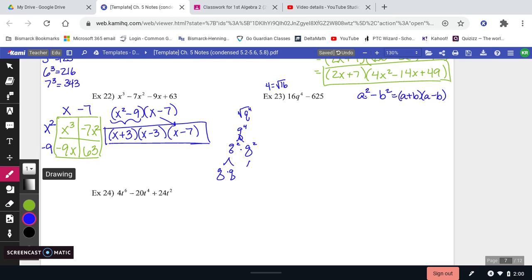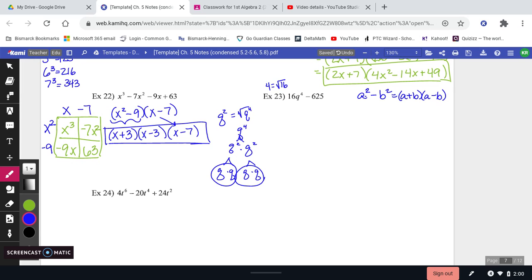So if I square root that q to the fourth, there's a pair of q's, and here's another pair of q's that come out. So q times q is q squared. So the square root of q to the fourth is q squared.